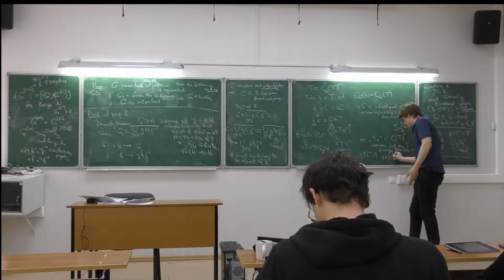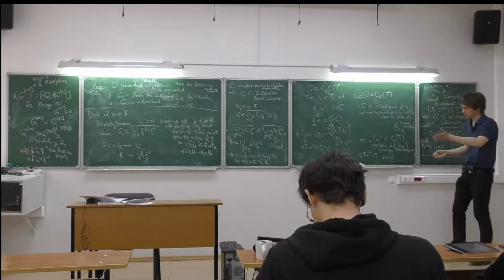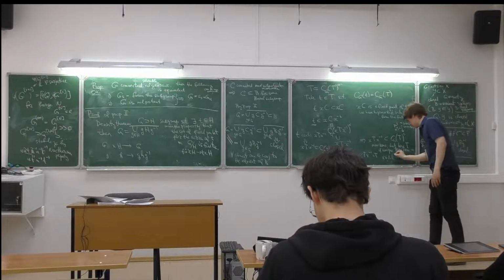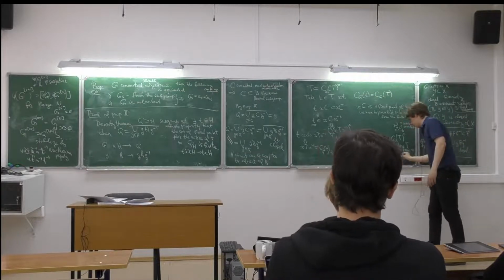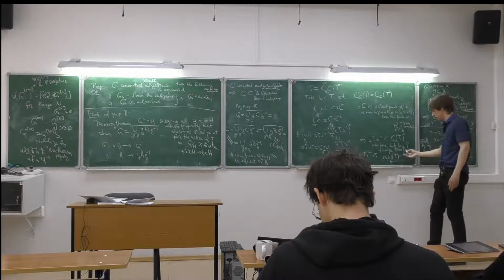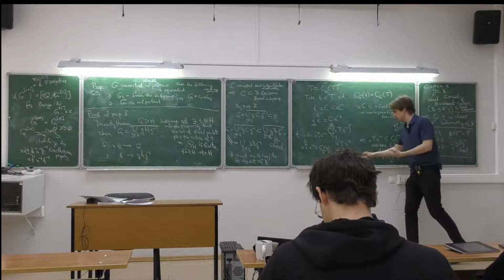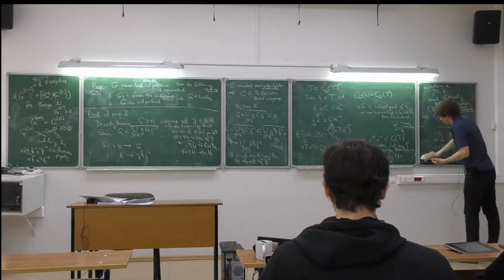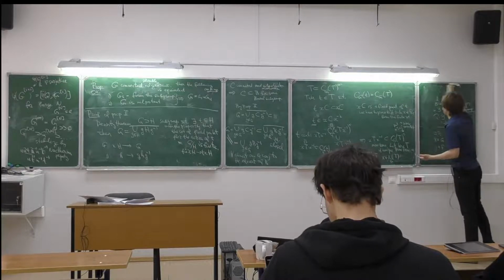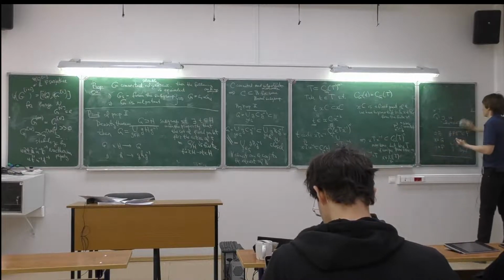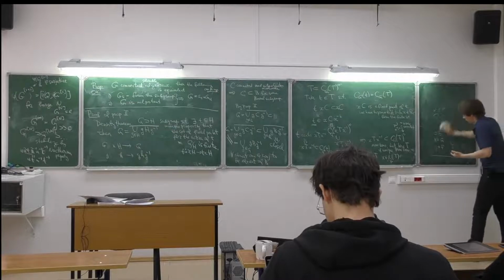So it means that x normalizes the maximal torus. But the connected component of the normalizer is equal to the connected component of the centralizer. This is a property of D groups.